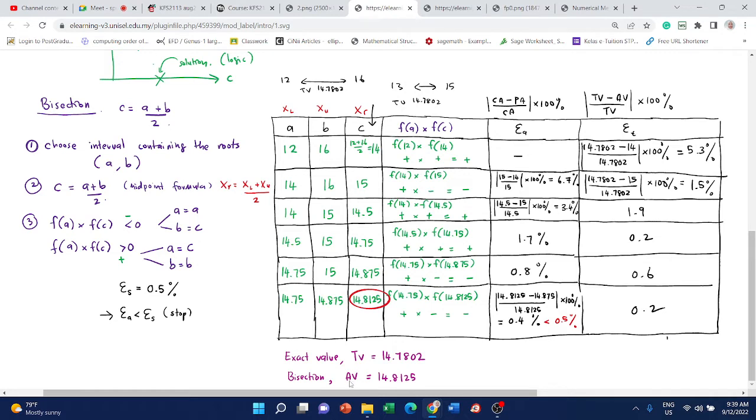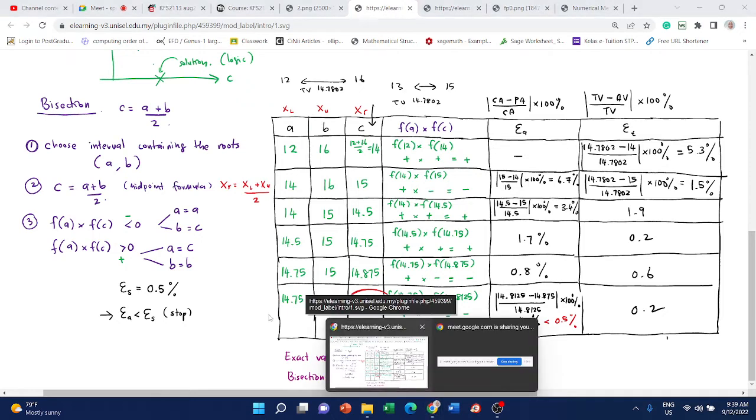So for the bisection method, our numerical computed value, AV referring to the approximation value, is 14.8125. The exact value is 14.7802.